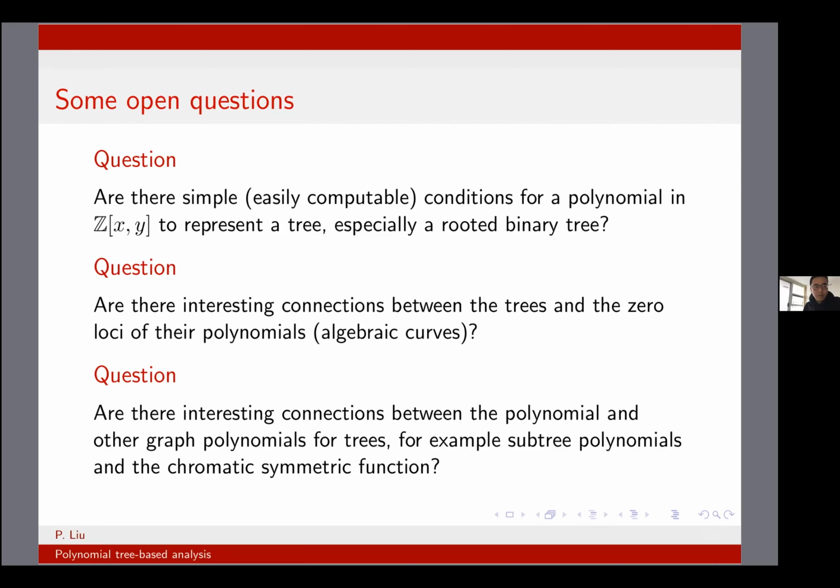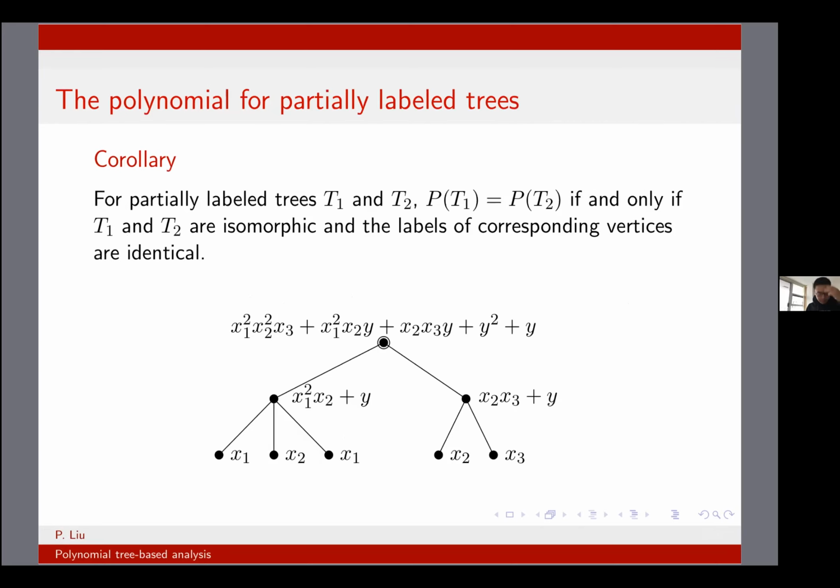All right, so the other generalizations that are interesting in application are, in application, we're sometimes interested in tip labeled trees. So this idea is simple. Now that we can distinguish all the unlabeled trees, we can definitely distinguish all the partially labeled and fully labeled trees.